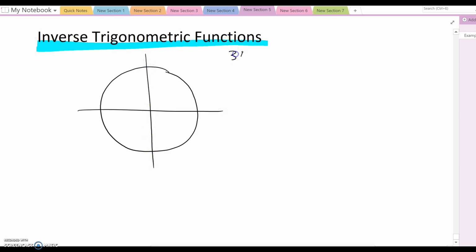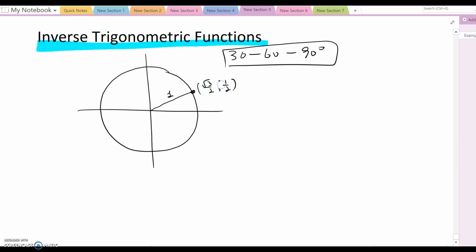So I'm gonna do the 30, 60, 90 special angle formula here. If we make this one, then we all learned that this point's coordinate, if the hypotenuse equals 1, becomes root 3 over 2 and 1 over 2 here.